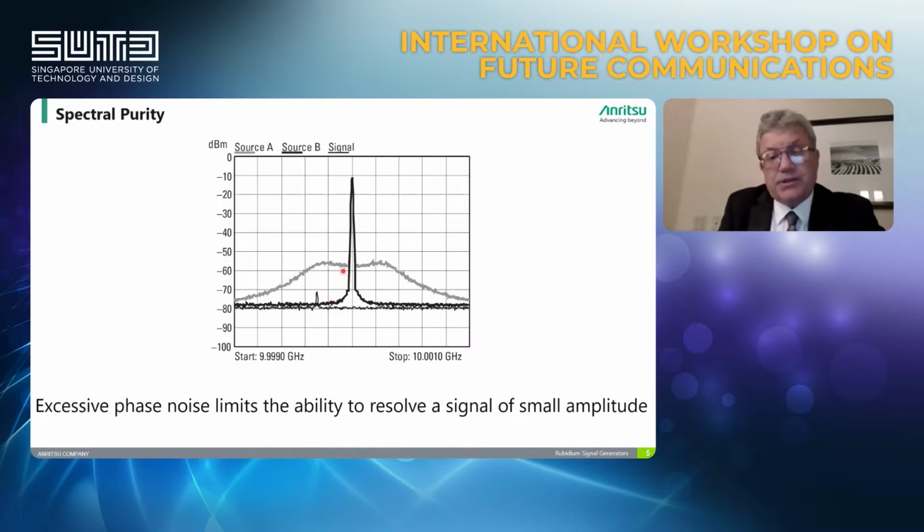But if we use a different synthesizer with worse phase noise, represented by this gray line, then this desired signal will be masked under phase noise, and we will not be able to resolve it. So excessive phase noise limits the ability of the system to resolve a signal of small amplitude.